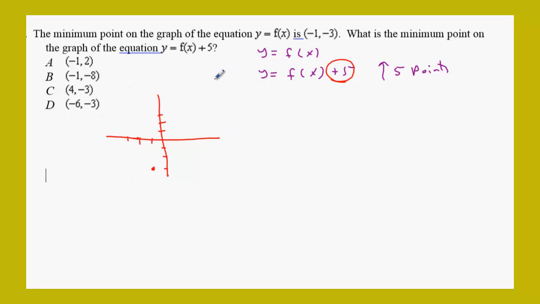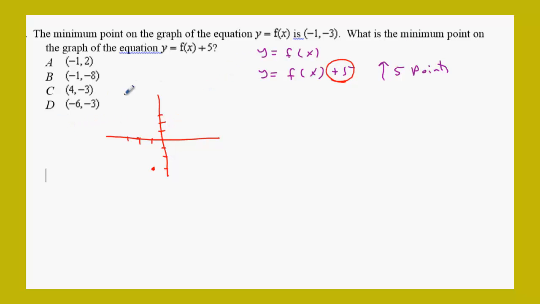In 9th grade or in Math 1, you have learned linear function, quadratic function, and exponential function. You have just 3 functions. Of course, there is no minimum point in the linear function, and there is no minimum point in the exponential function, but there is a minimum point in the quadratic function.